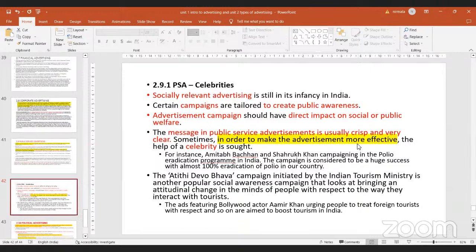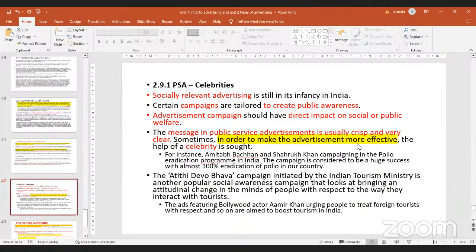Or like we have Atithi Devo Bhava, launched by the India Tourism Ministry, featuring Bollywood actor Amir Khan, urging the people to treat foreign tourists with respect, which means to promote India and its tourism in our country.